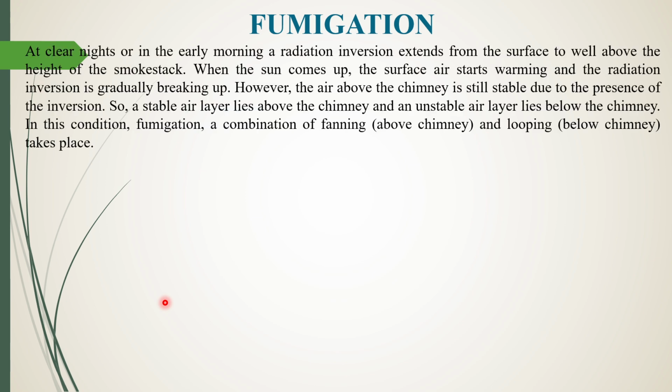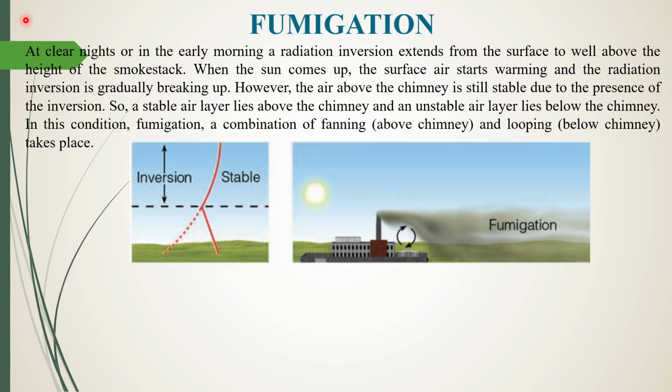Fumigation. At clear nights or in the early morning, a radiation inversion extends from the surface to well above the height of the smokestack. When the sun comes up, the surface air starts warming and the radiation inversion is gradually breaking up. However, the air above the chimney is still stable due to the presence of inversion.